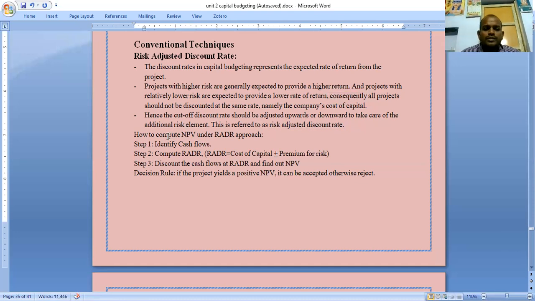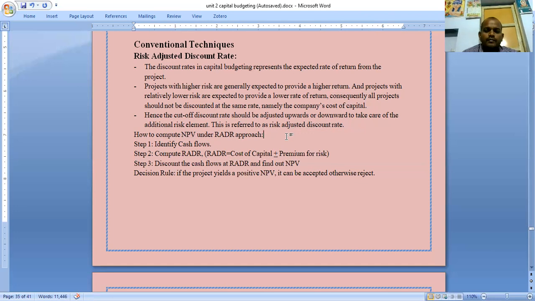So how to compute this? Okay, before going to the computation part, let me explain one more point here. In capital budgeting decisions, we have an opportunity cost element. In the sense, we have two proposals. In those two proposals, which one is preferable?